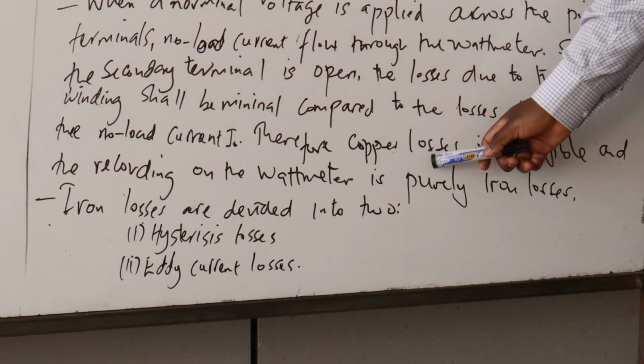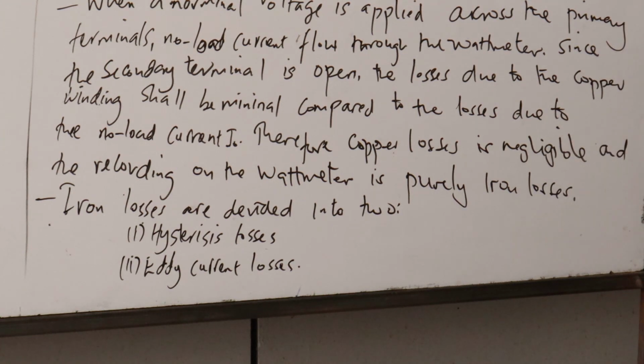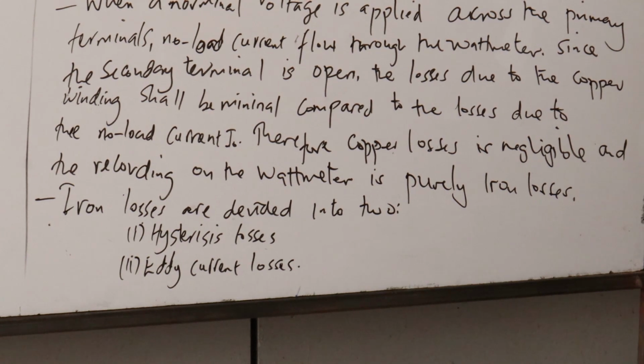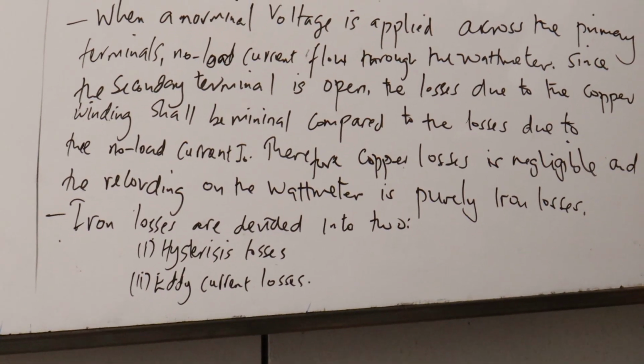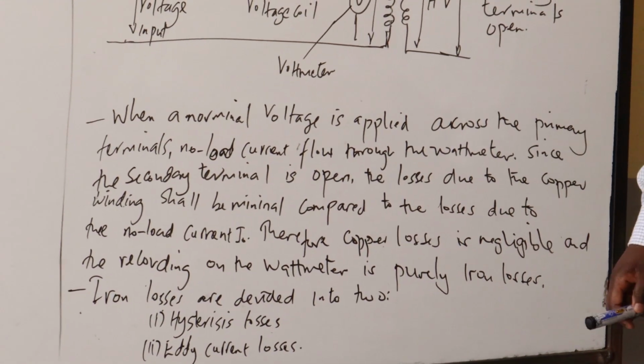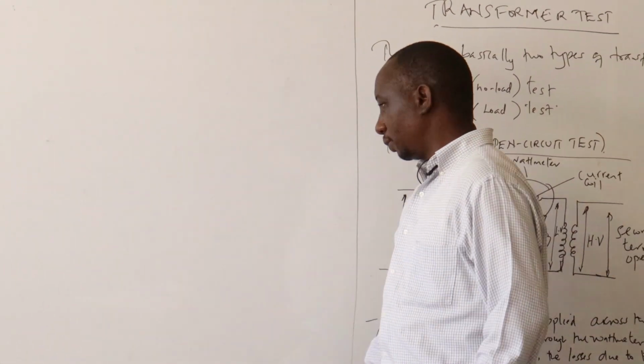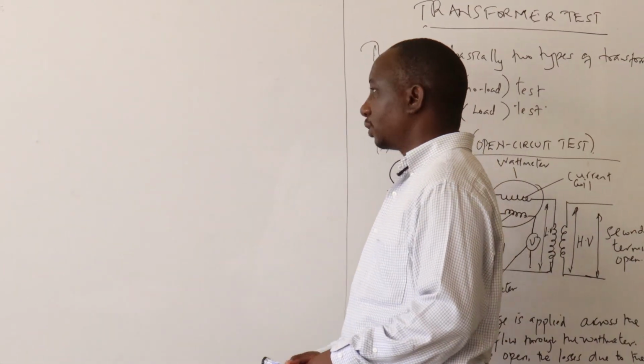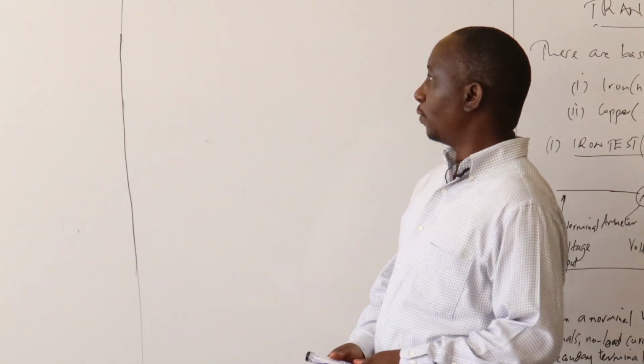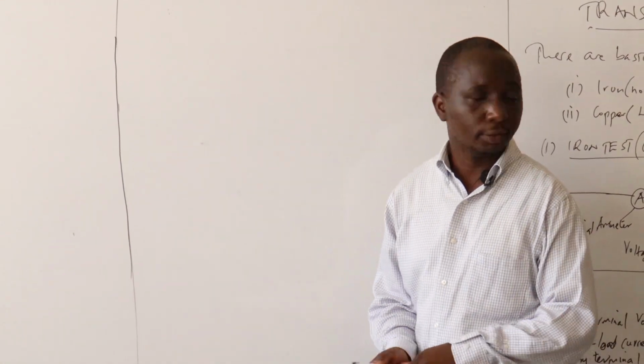So we need to understand the hysteresis losses and the eddy current losses. You might be required to know about them, so just a brief description of what they are.